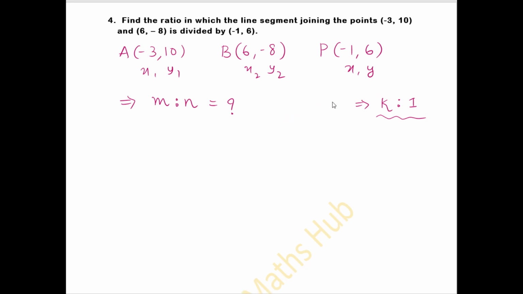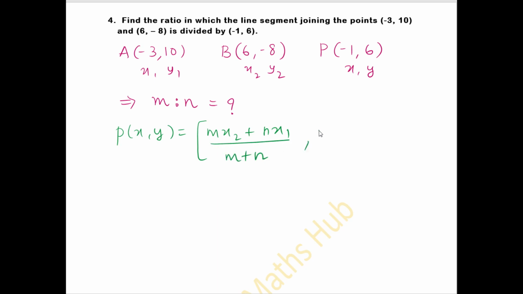Otherwise, what you can do, you can directly substitute the ratio m:n and you can find out now by using the section formula, that is P of x comma y equals mx2 plus nx1 divided by m plus n comma my2 plus ny1 divided by m plus n.